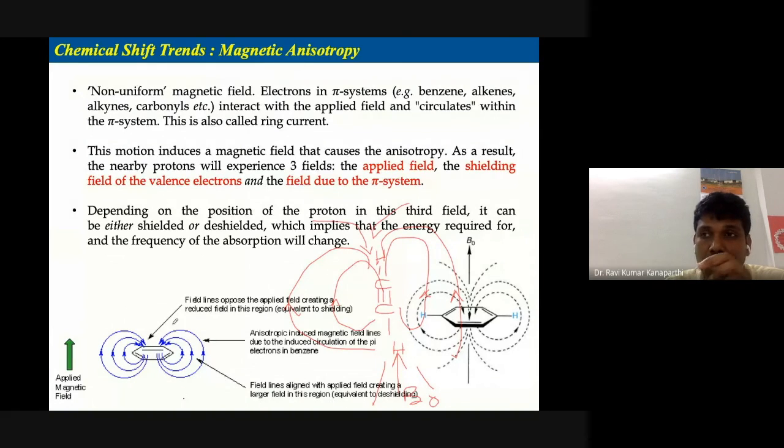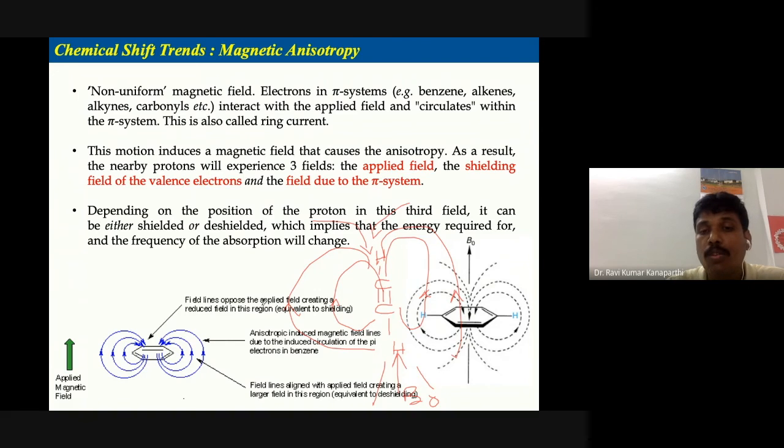They are opposing the applied magnetic field. Therefore, the effective magnetic field will be less, and they will resonate at chemical shift values found in the shielding region.